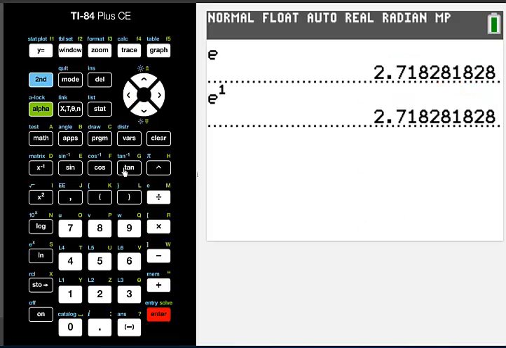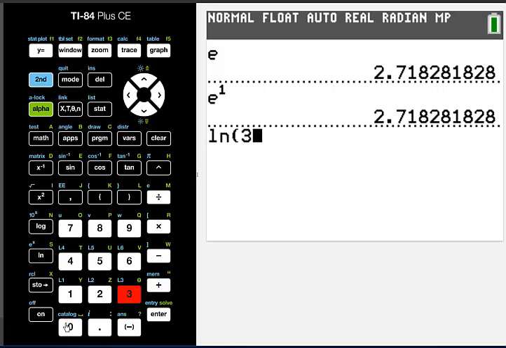So back on the calculator, remember how we found e to the x in blue over here on the left? Well, the main button that goes with it is ln, natural log. That's ln, the one we were just using on the handout. If I want to calculate ln of 30, it's very easy.